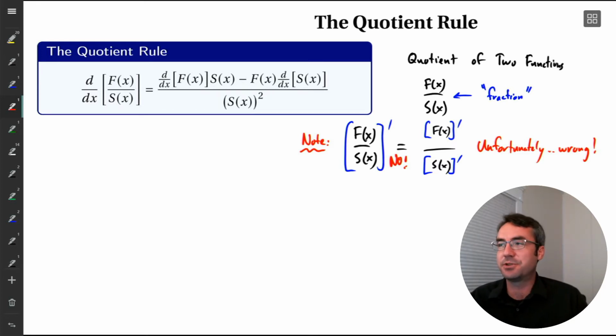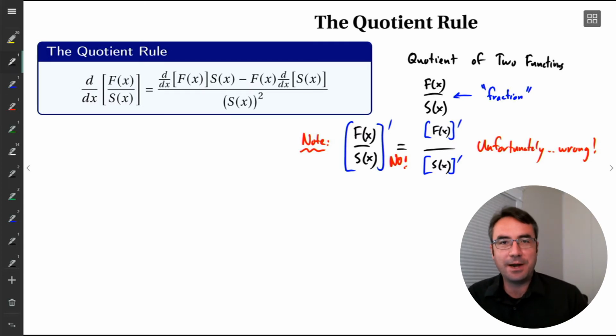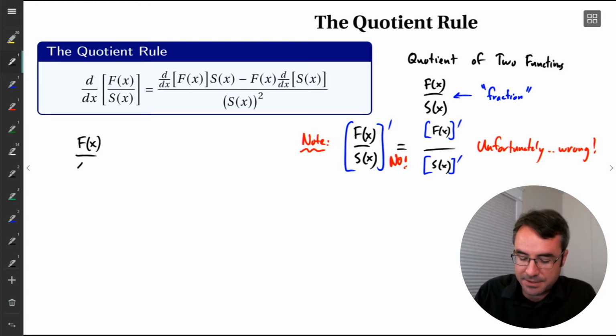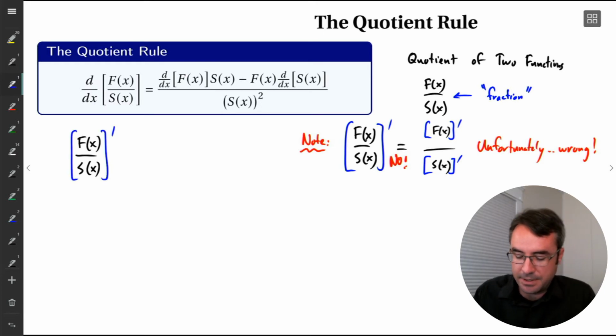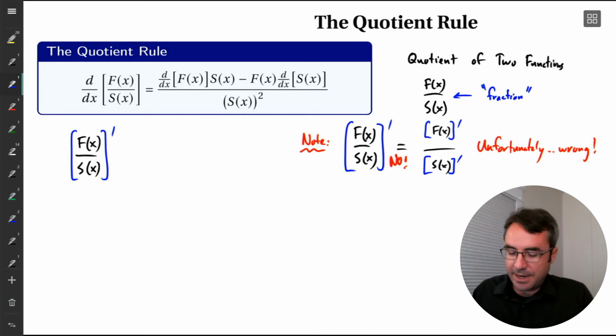So instead, we have this nicely more complicated formula to use. So how can we actually remember this? I'll go through a couple of the ways that I remember this. So let's say we wanted to differentiate a function f of x divided by s of x. Want to differentiate this whole thing. And we kind of implemented almost like we were going to do product rule. So you can see some remnants of a product rule happening up here.